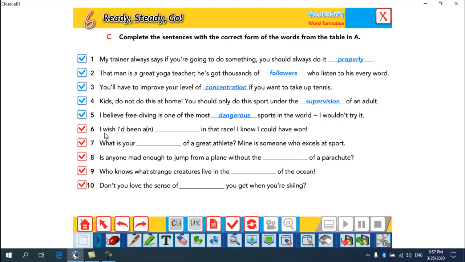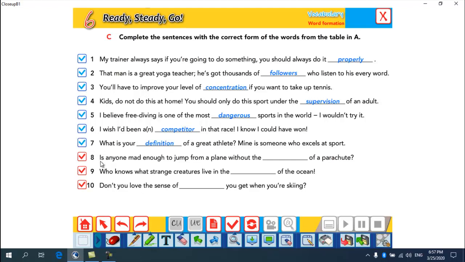Six, I wish I'd been a competitor in that race. I know I could have won. What do you guess? Exactly, competitor. Seven, what is your definition of a great athlete? Mine is someone who excels at sport. What is your? Yes, great definition.